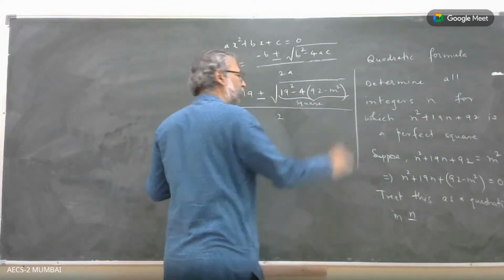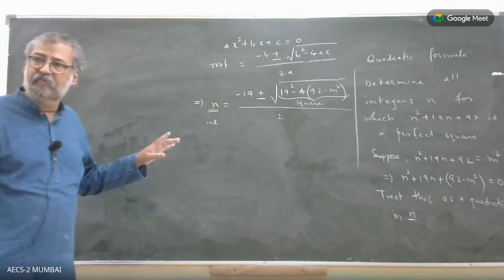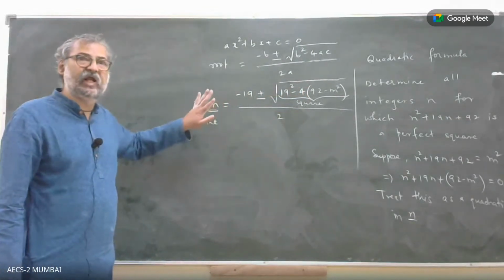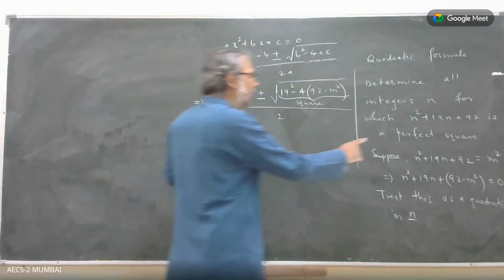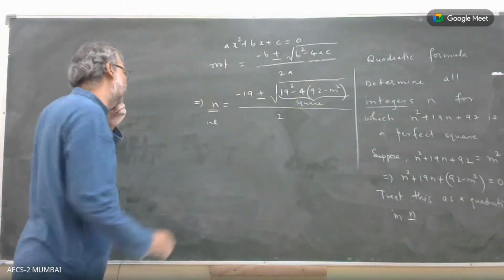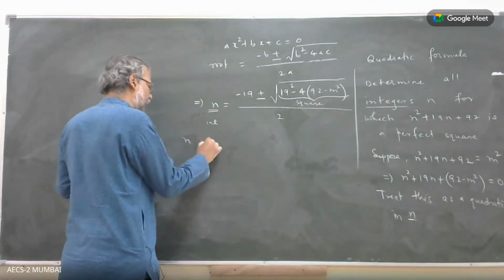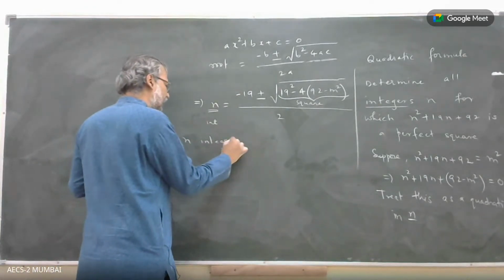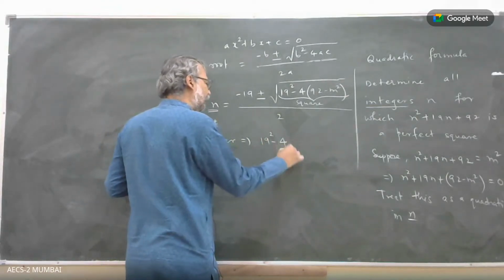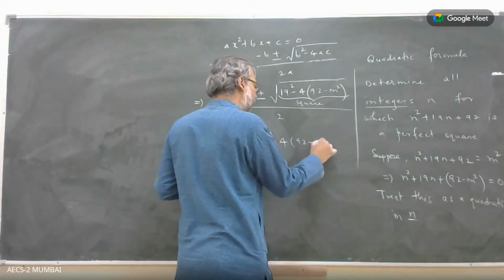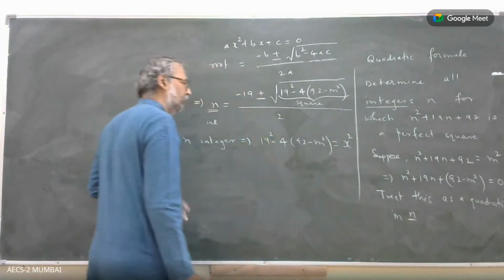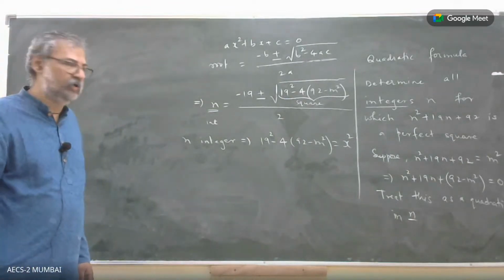Okay, agree? Because if that is not a perfect square, this number will be irrational, and therefore n will be irrational. Whereas what we have is n is an integer. Okay? So since n is an integer, it implies 19 square minus 4 times 92 minus m square should be some perfect square. Super good.